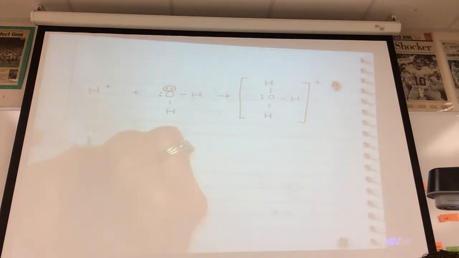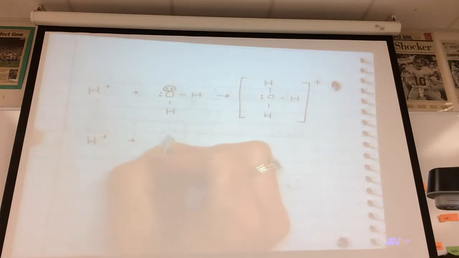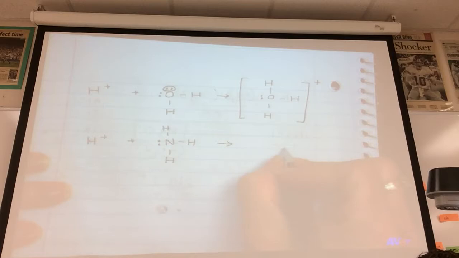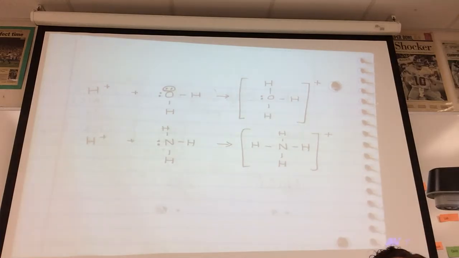And you would see the same thing with the formation of an ammonium ion between a proton and ammonia, as such.